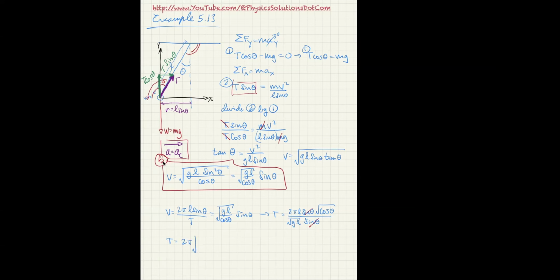Now, I'm going to force that L to become L squared, and then force it under the square root. So I'll get L squared cosine theta, because that was already under the square root, divided by g times L. And then the sine is in the bottom too, but that's not in the square root, so I'll leave that for right now.